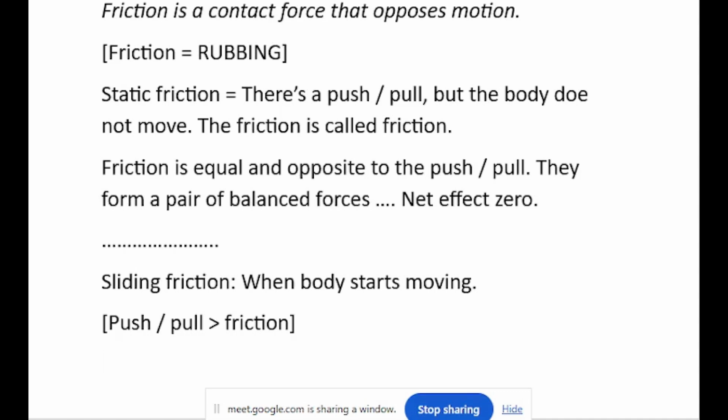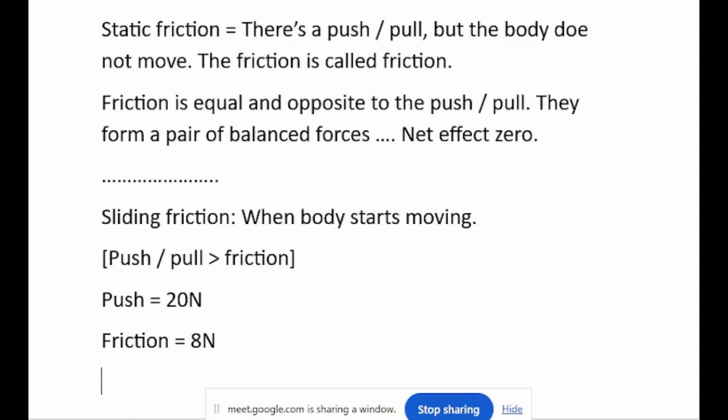Supposing the push or pull is equal to say 20 newtons and friction is equal to say 8 newtons. The body is moving because of 20 minus 8, opposite direction. Since they are in opposite direction, you will subtract.